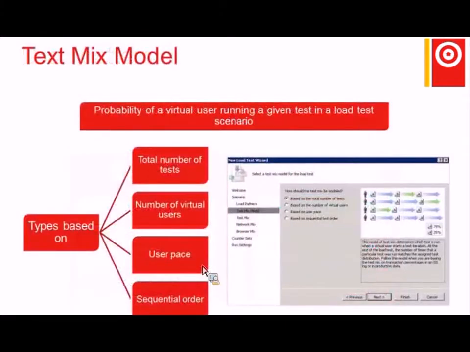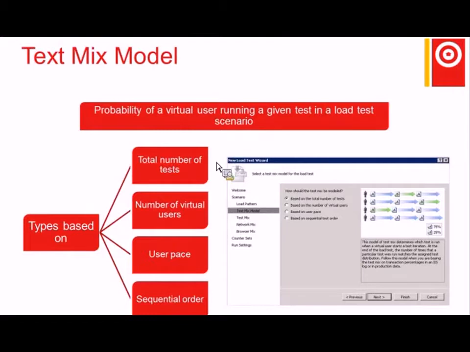The test mix model, again, like I said, you've got a number of options, so we can specify it based on the total number of tests. Essentially, this takes the mixes that we're specifying and applies them according to a different paradigm, and we can specify which paradigm we want.